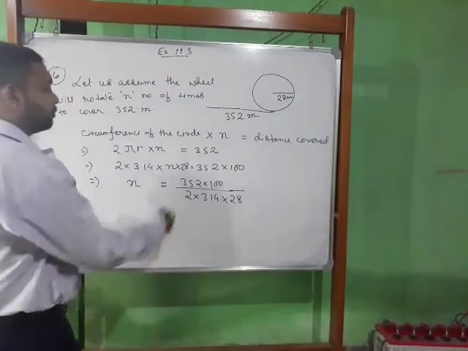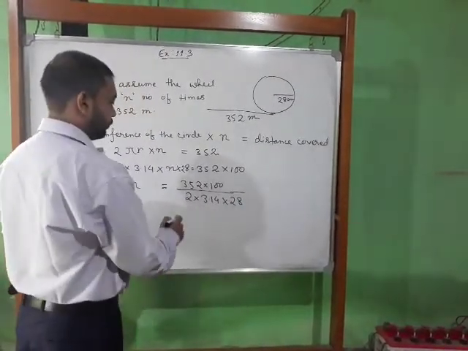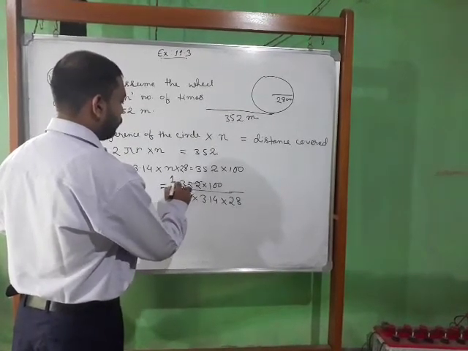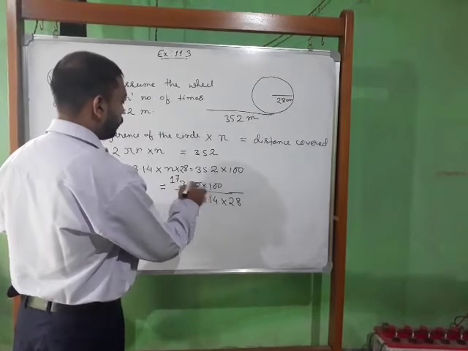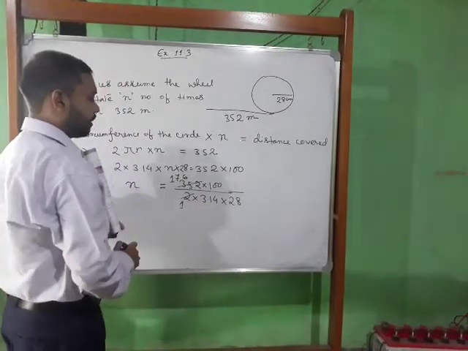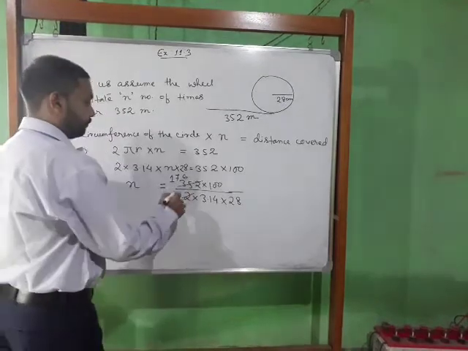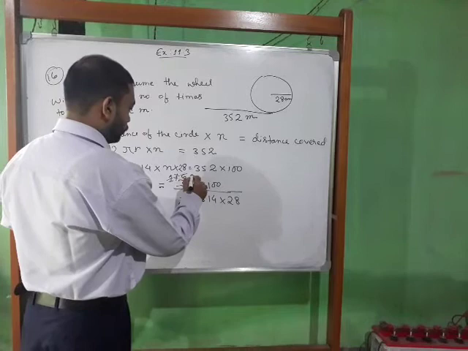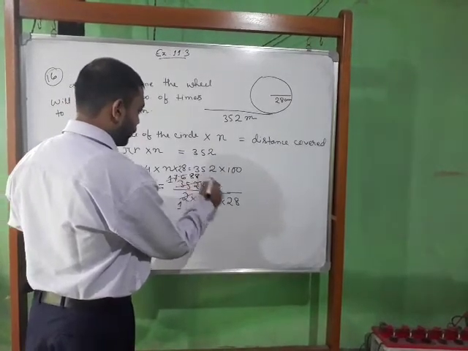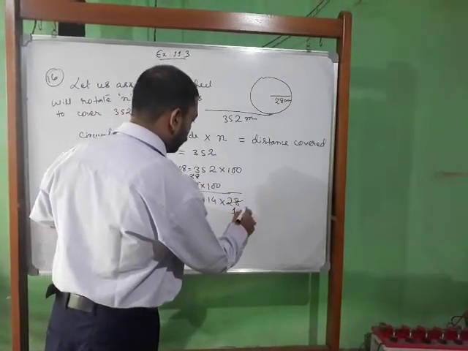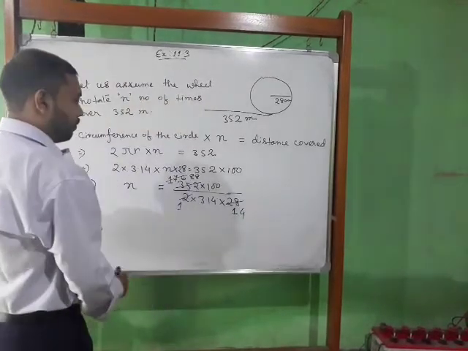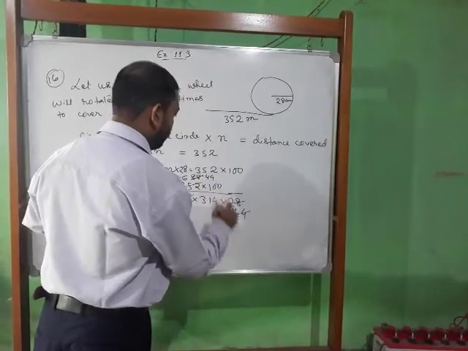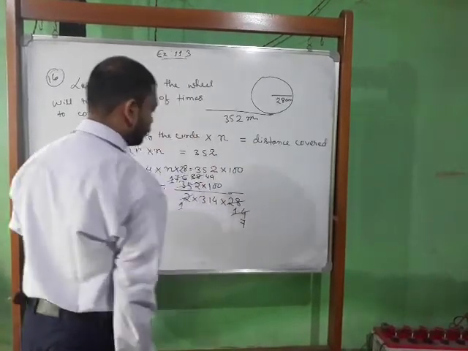Now let us reduce it. With this 2 we can reduce: 2 1 2, 2 7 14, 2 6 12, 176. Now let us reduce this: 2 8 16, 88, and here 2 4 8. Again with 2 we can reduce, it will be 44 times 2 7 14.